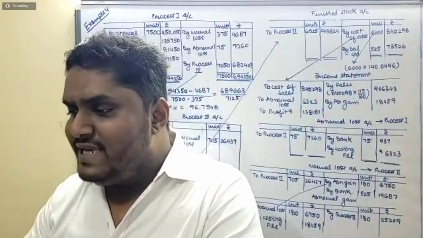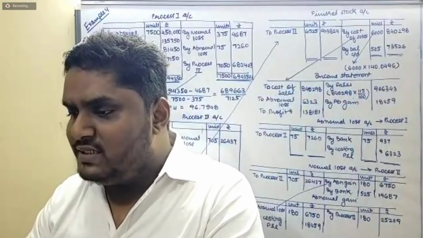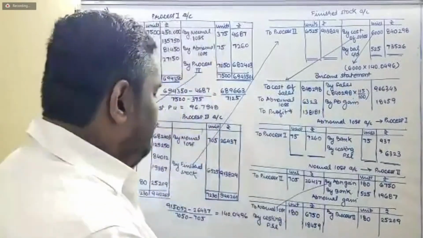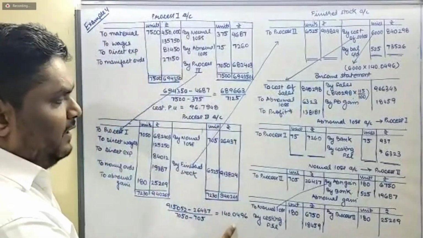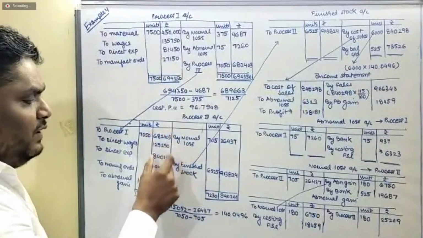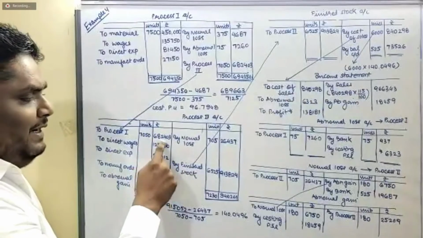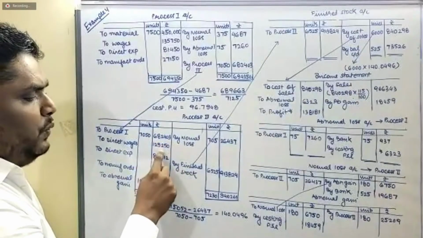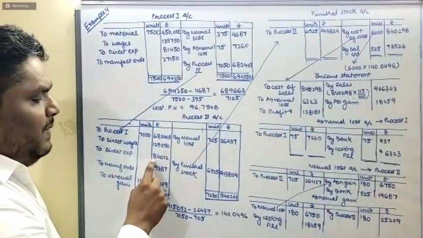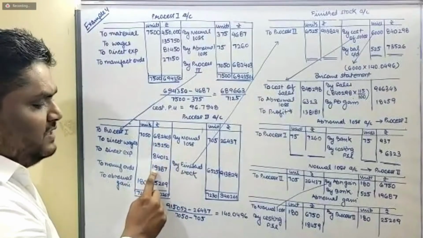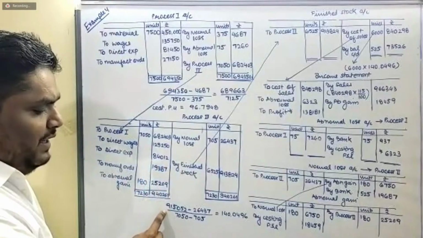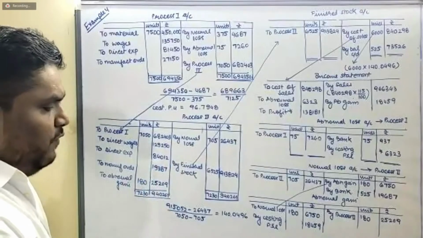Prachi Kapoor asks: please explain the cost per unit of process second. Prachi, the total cost is 682,403 plus 129,250 plus 84,012 plus 19,387. The total is 915,052.